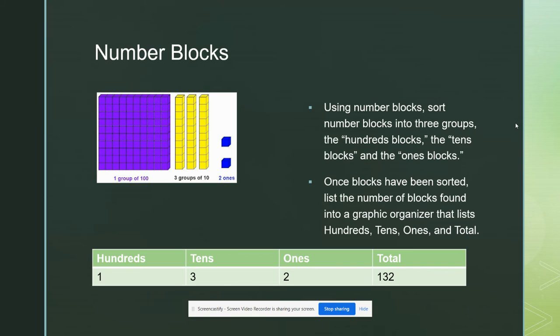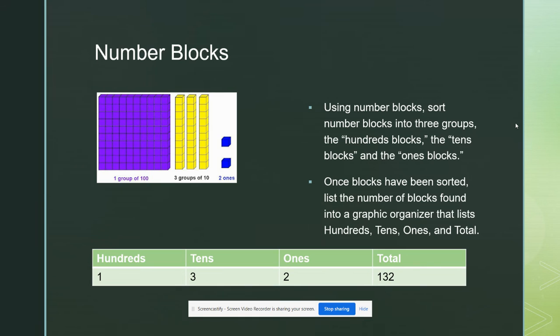Now, once they are all sorted out, they are going to put those numbers into a graphic organizer, like the one you see at the bottom, where it has the headings hundreds, tens, ones, and the total. In the example provided on the screen, the student would have gotten one big box of 100, three groups of 10, and then two single ones.